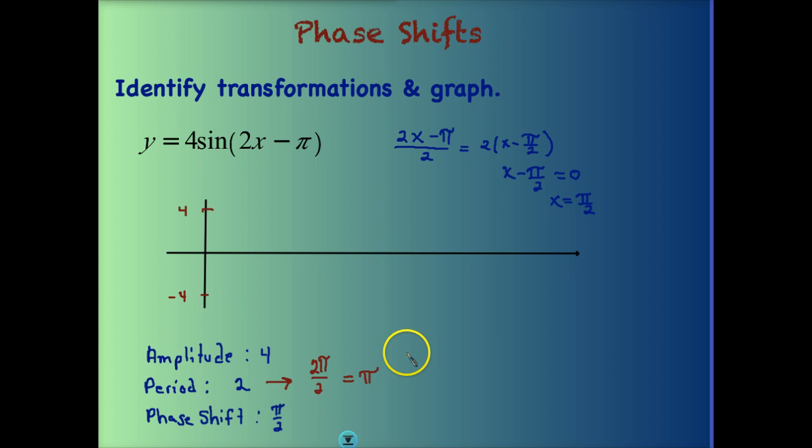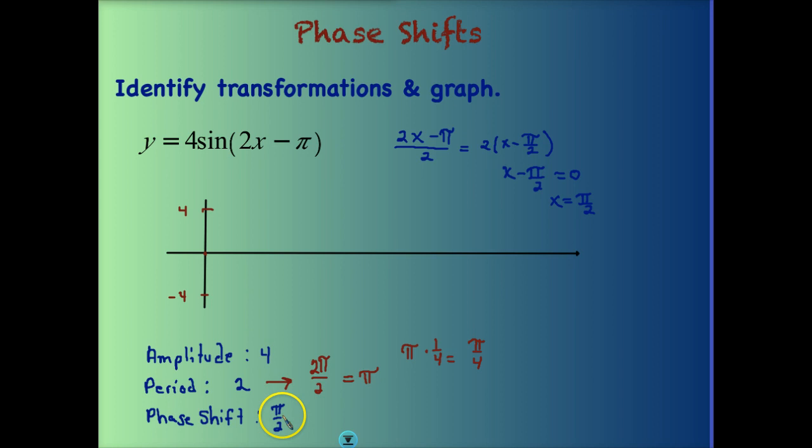So I'm going to take pi, which is my complete cycle, and multiply by 1/4 to figure out what my quarters are. So that's just pi over 4. That means that starting here, or actually, depending upon the phase shift, wherever we start, I'm going to add pi over 4 to get all 4 of my quarters.